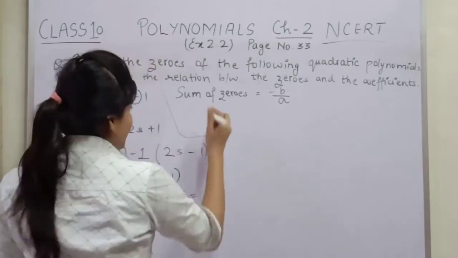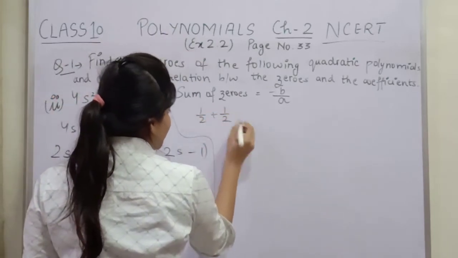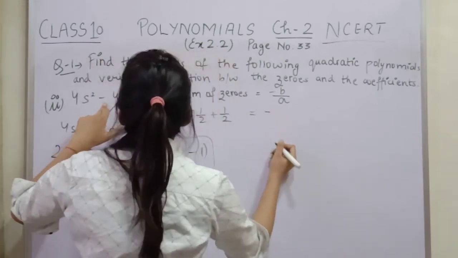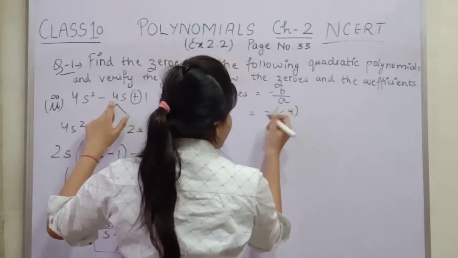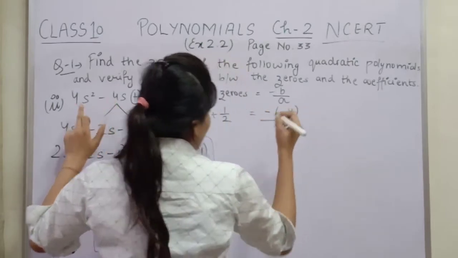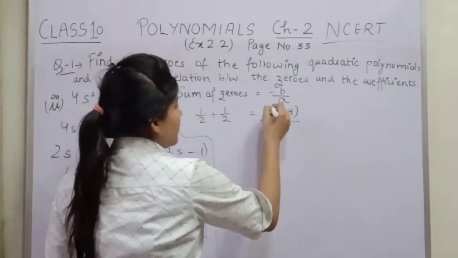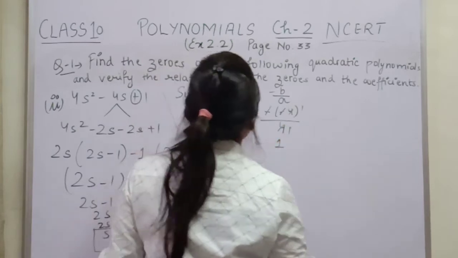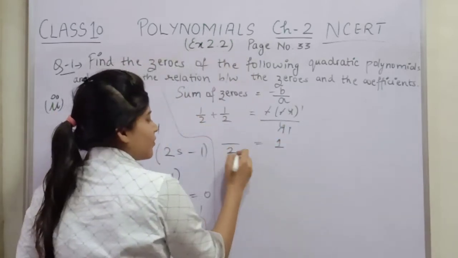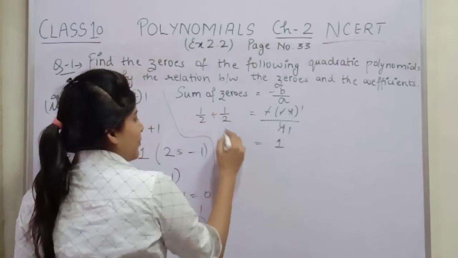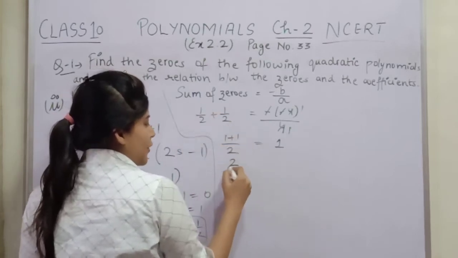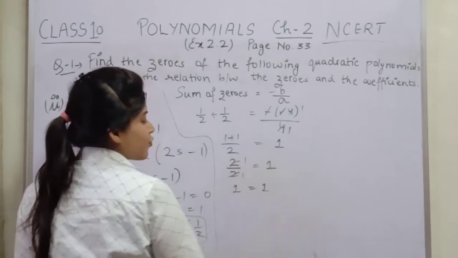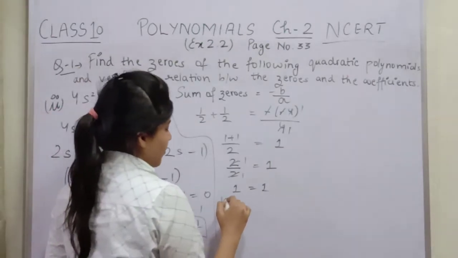So sum of zeros here will be 1/2 plus 1/2, equals to -b. What is b? b is -4. Minus of -4/a is 4, right? So minus cancels minus and 4 cancels 4, so here we got 1. Now here the LCM of 2 and 2 is 2. So this is 1 + 1, so this is 2/2 equals to 1. So 2/2 is 1. 1 equals to 1. So hence verified.